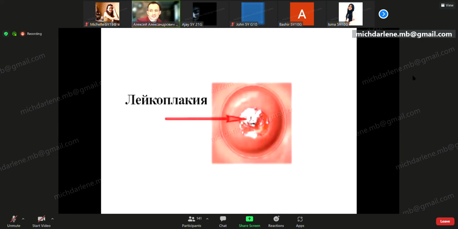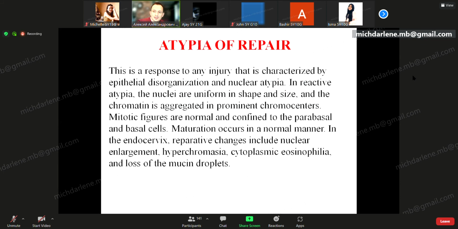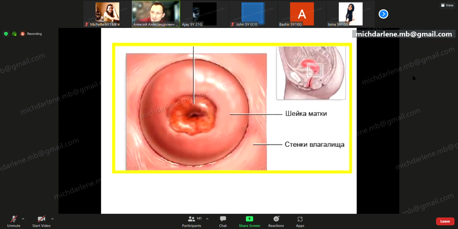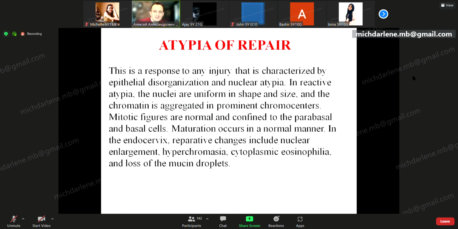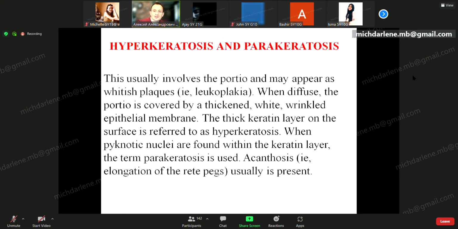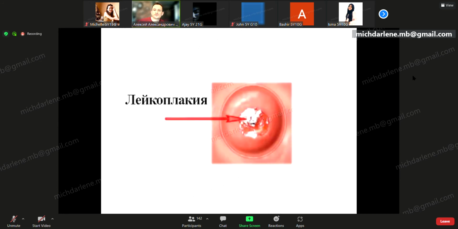The difference is inside the location. Typical place for the ectopia is around the external os. Place for atypia and place for leukoplakia or hyperkeratosis could be different. Could be here, here, and here.